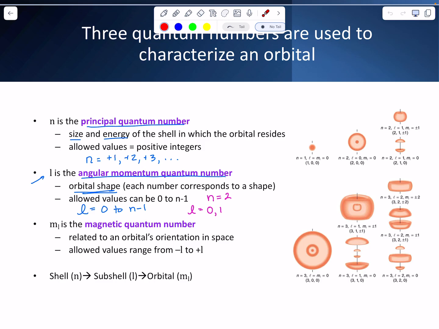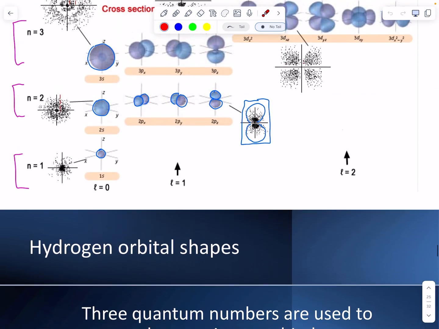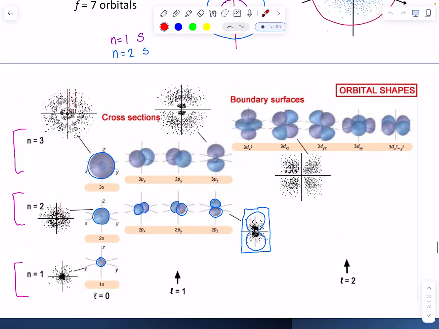Now, when we talked about the p orbitals, we said they can be on the x, the y, or the z axis. They could be lined up in those ways. So we have a third quantum number that is used to identify that orbital. If you look at these right here, we have 3 possibilities for p orbitals in terms of shape and orientation. The first quantum number n tells us the base quanta that it falls into.